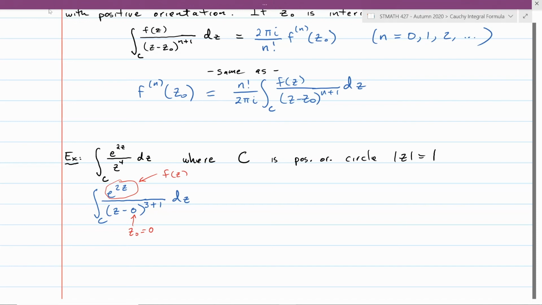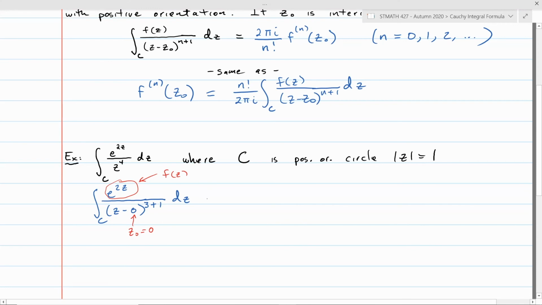Also the function f of z is entire, so it's certainly analytic inside and on our unit circle. Therefore, Cauchy's integral formula applies, and I can use it. And so the integral would be 2 pi i over 3 factorial, since n is equal to 3, times the third derivative evaluated at our z naught, which is 0.